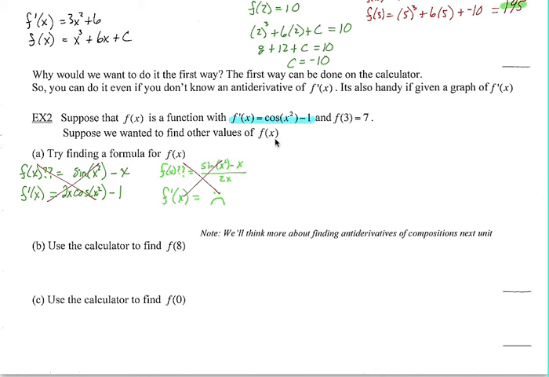For example, if we wanted to know where the function is at 8, here's how we do this. We're going to first use the calculator to find f of 8. All right, hold on one second here.